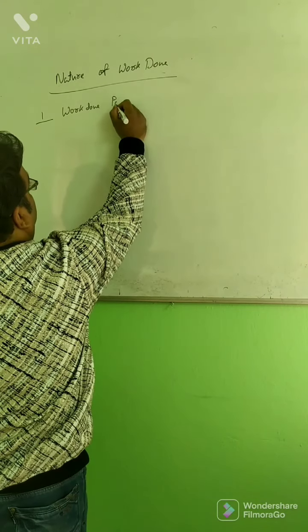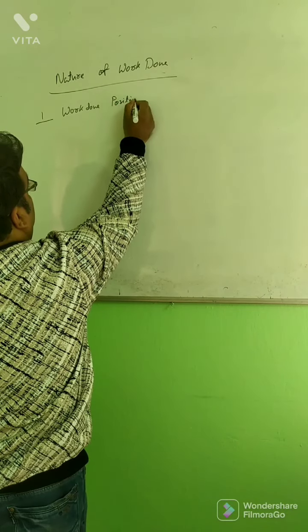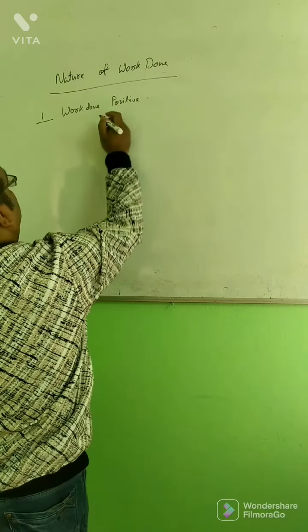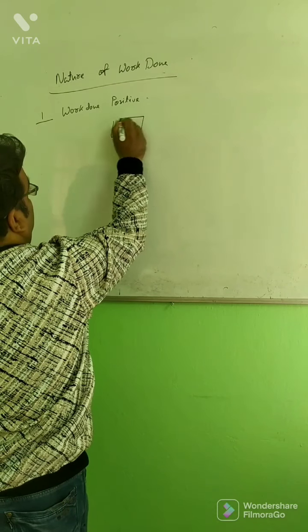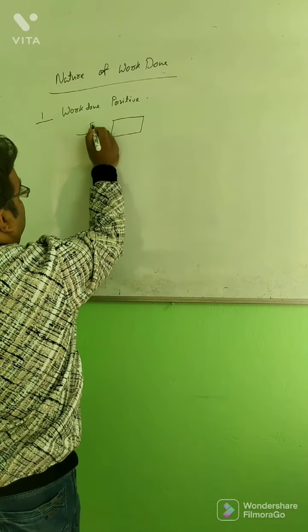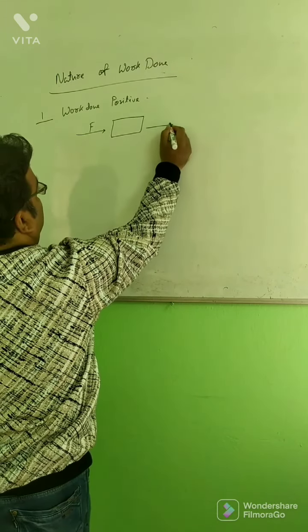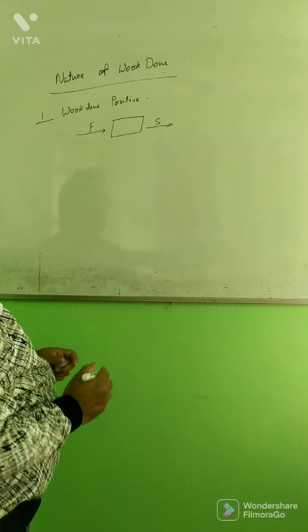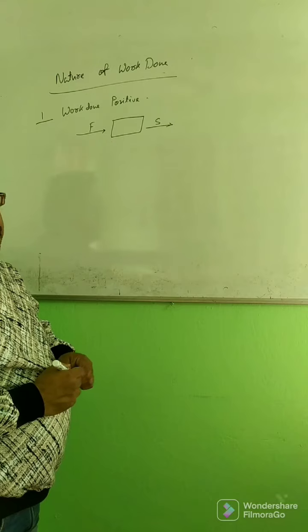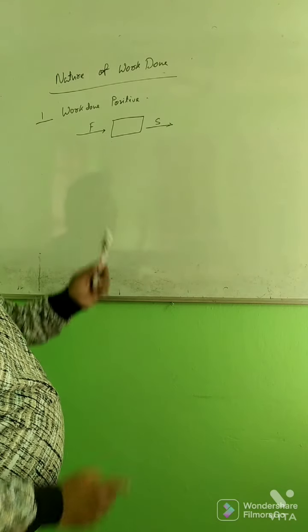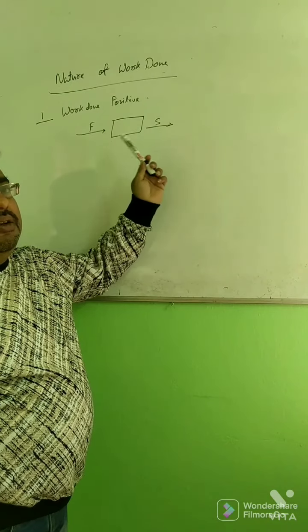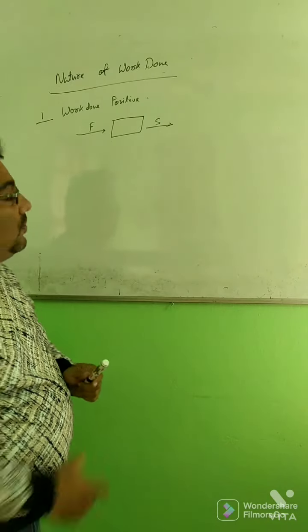Work positive means if the direction of force and the direction of motion, the displacement, is the same, then work is said to be done positive. Is it clear? It means in whichever direction the force is acting, if the body is moving in the same direction, then the value of work done will come positive.